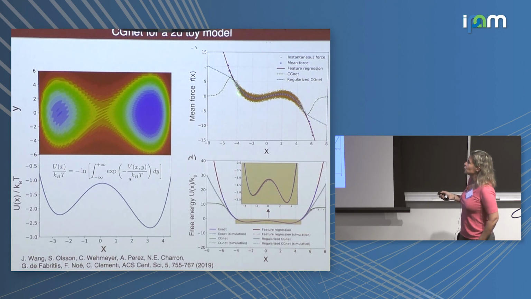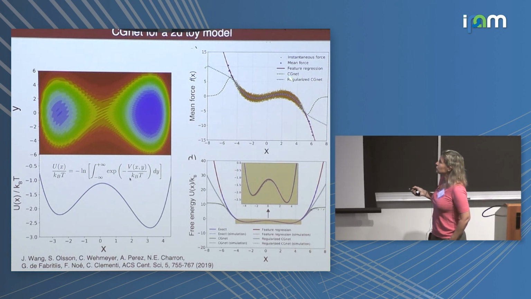If you don't use the prior energy, if you don't regularize the CG net, in regions where you don't have points the network is completely wrong. This is the CG net without regularization, the green curve. Where there is no point, the network doesn't know what to learn and goes into a completely wrong force. The correct force is the red one.